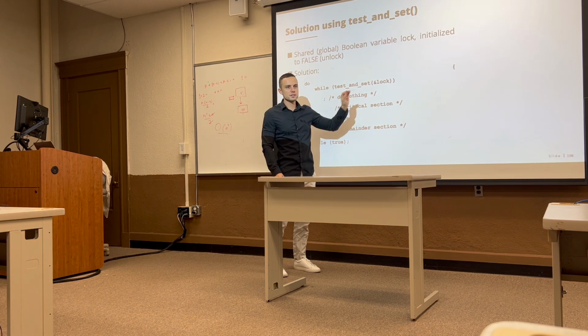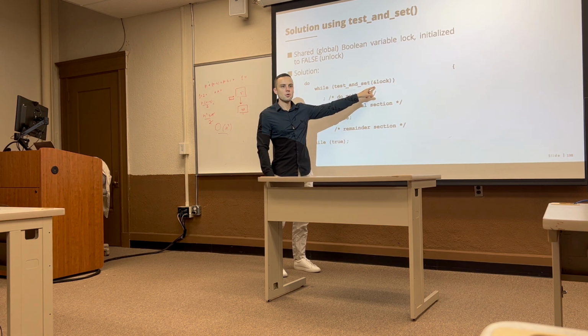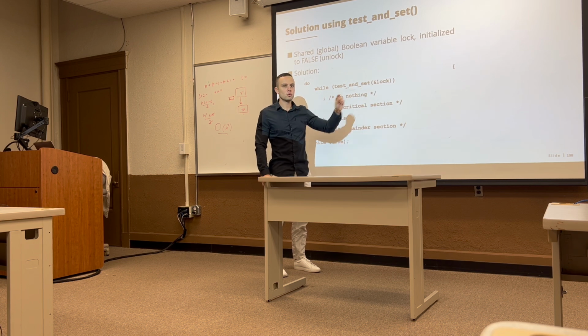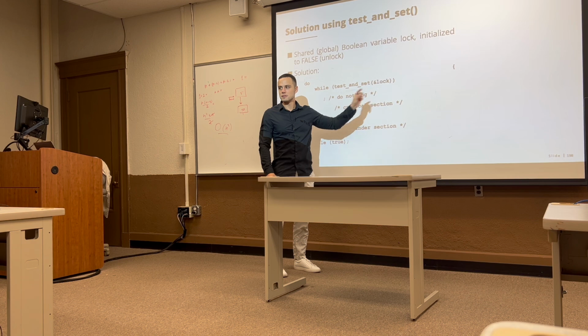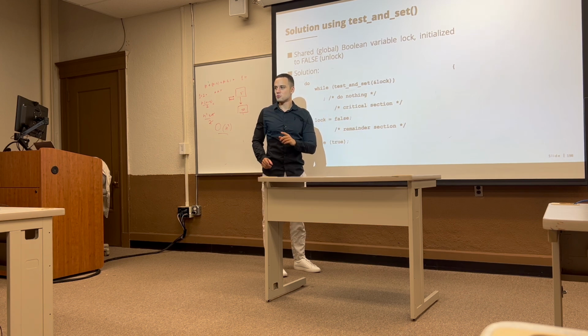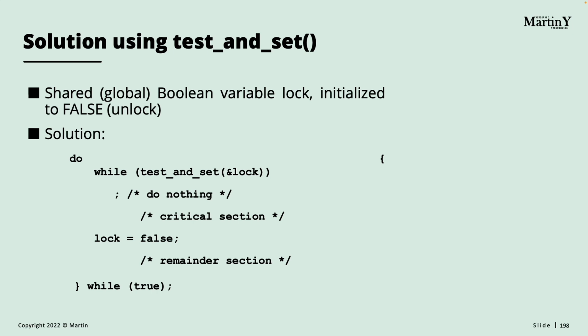So if the process was unlocked, the test and set function will set the lock to 1, so it will lock the process, and it will return 0, because it will return the previous value of the lock, which was 0 initially, right?